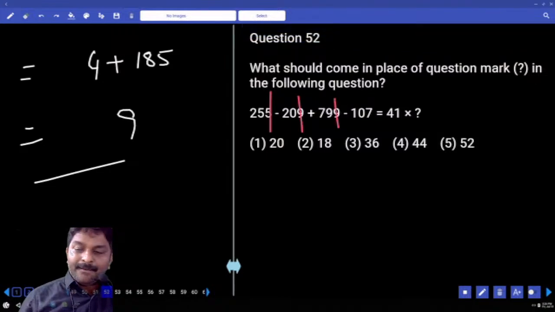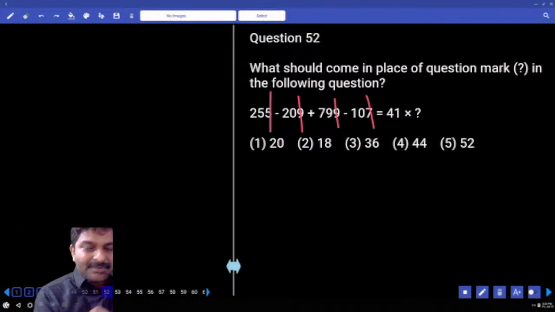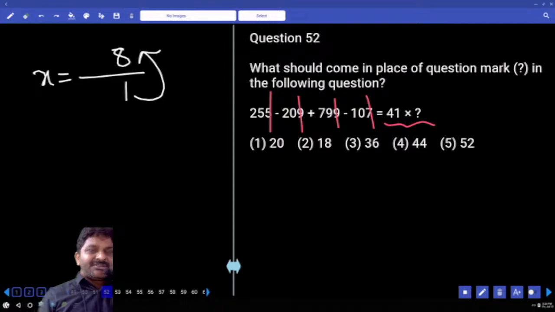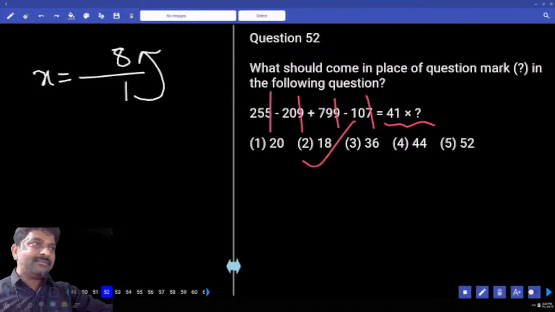Avuna? What is final value now? So far 5. 5 minus 7 into 8, which is equal to 41 x times, right? Then x is equal to divided by 41, which ends with 1 into which number ends with 8? 8. There is only 1.